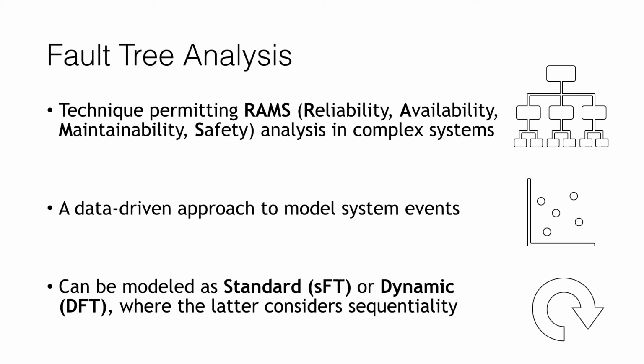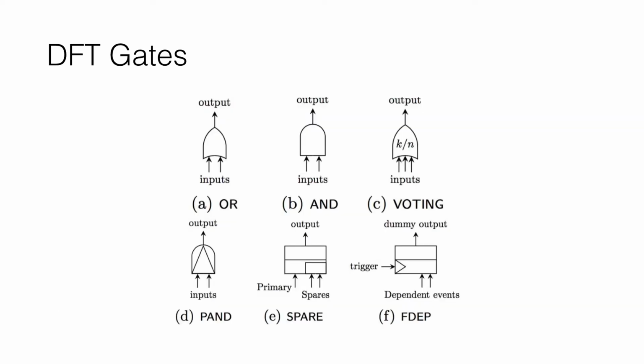And as I've mentioned here, it considers the sequentiality of events, whereas a standard fault tree, and we'll go through this in more depth, does not consider that. So when we use this methodology to model, we essentially use a system map that is comprised of logical gates, and these gates show the relationship between the components and basic events.